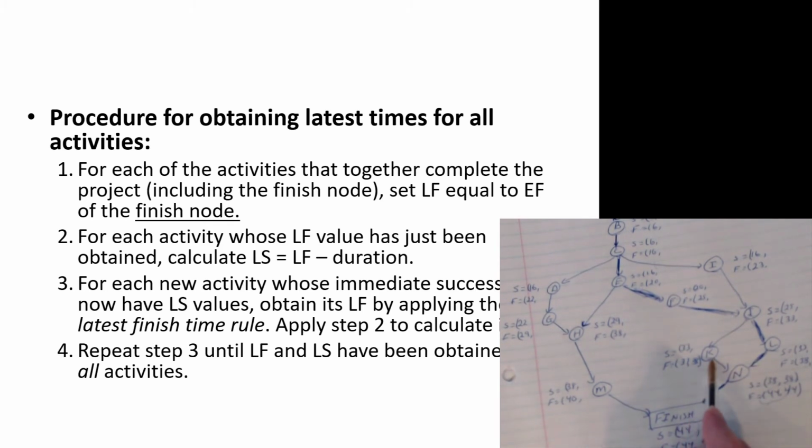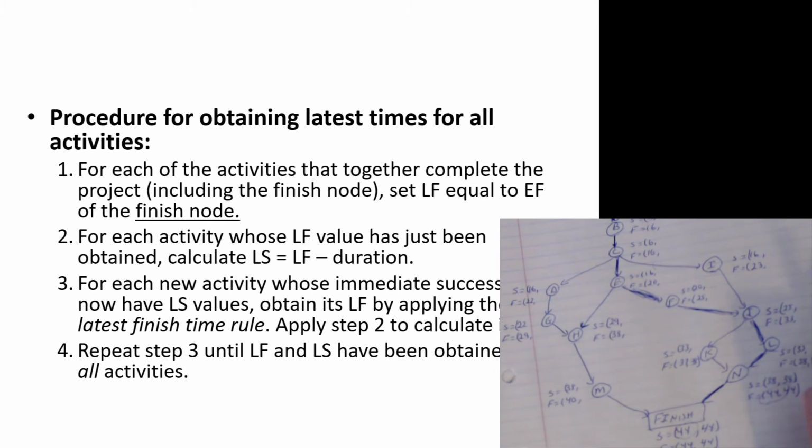As long as K is done in period 38, N will not be delayed. As long as L is done in period 38, latest finish, N's beginning will not be delayed. Perfect. Now we subtract off the durations.